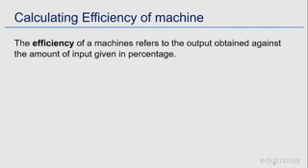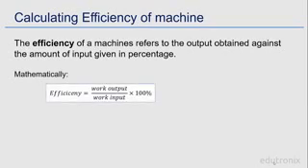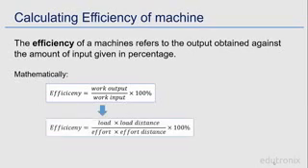As we mentioned earlier, the efficiency of a machine measures the output against the given input. So mathematically we can say the efficiency of a machine is equal to the work output divided by the work input times 100%. We know the work output to be defined as the load force times the distance traveled by the load.